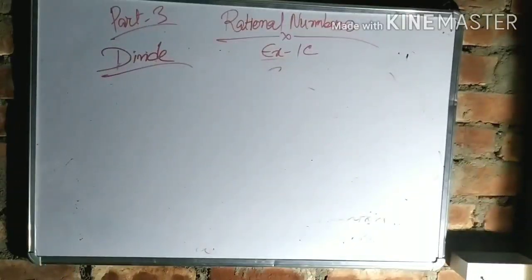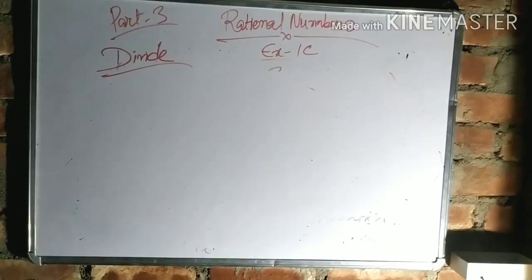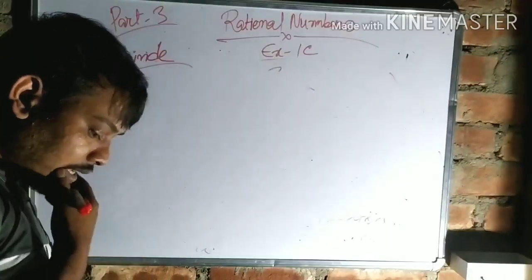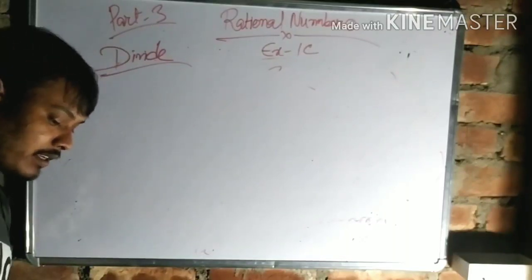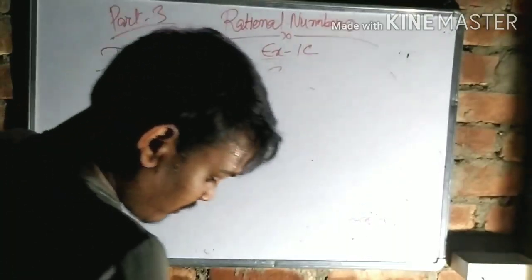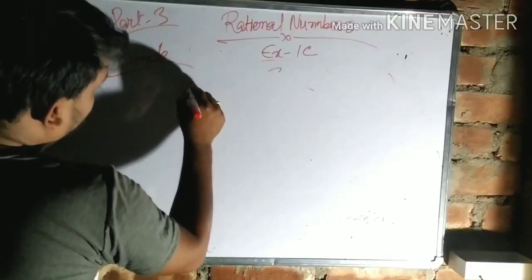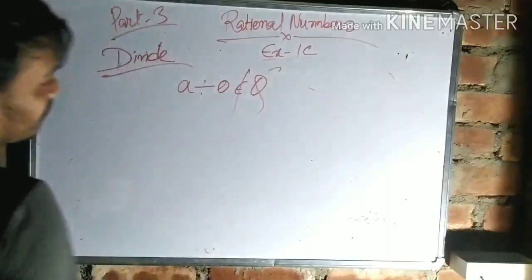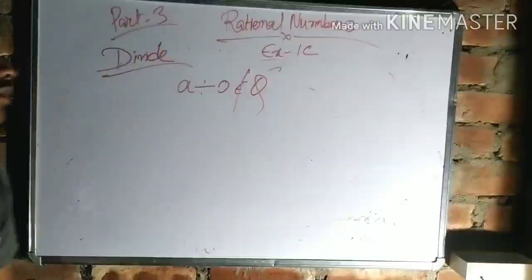Now the question is, is division closed? Yes, division is closed, but in one case, when we take the second number 0. 0 is also a rational number, but then it is not defined. A divided by 0 does not belong to Q, where A is any rational number, because something by 0 does not exist.